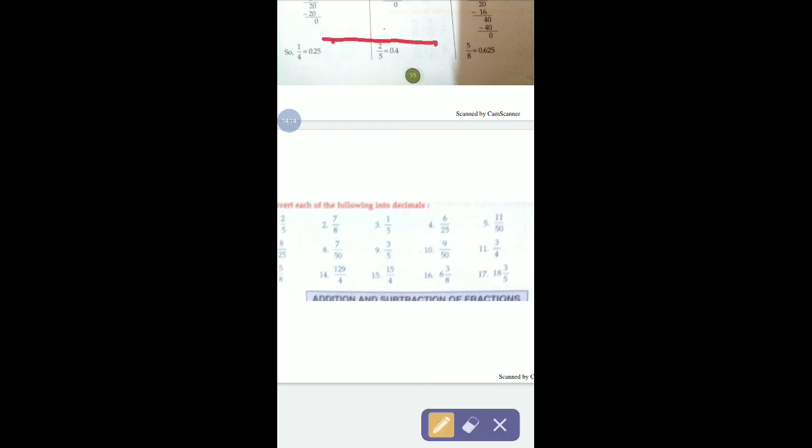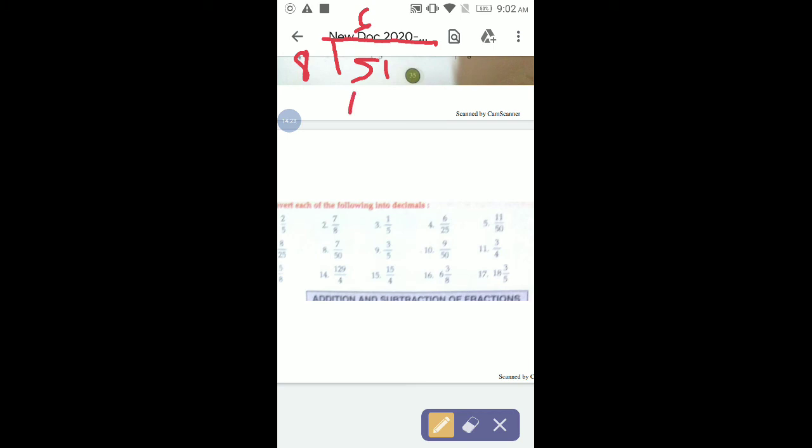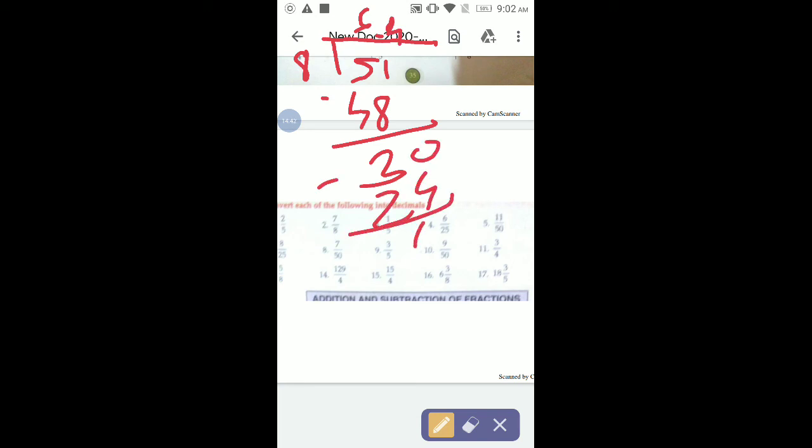That is 51 divided by 8. So 8 6s are 48. So you will have the remainder 3. Then give the decimal point and then 4. So it will become 24. Then again you will have the 6.